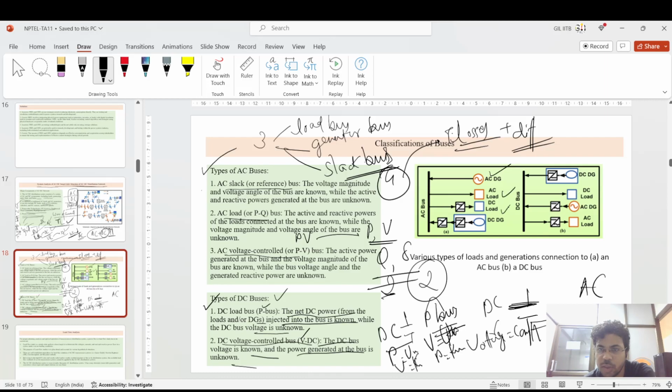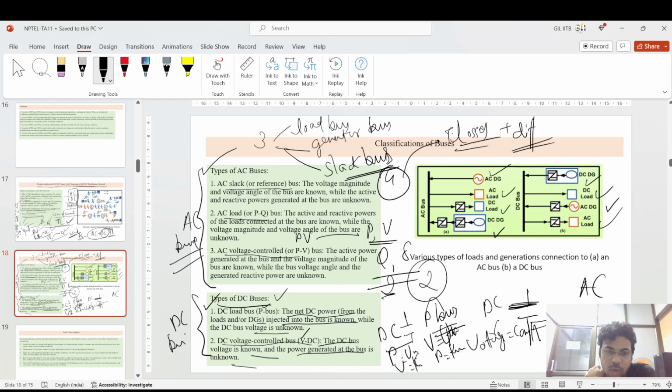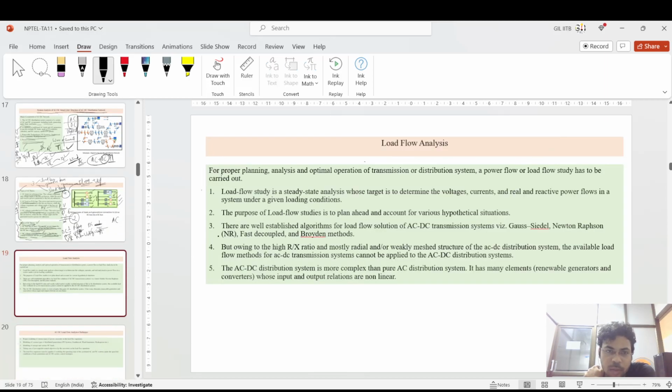If you see the image on the right side, you have an AC load, DC distributed generator systems such as PV, DC generators on the DC bus bar, DC load, and AC loads. So you have multiple types of buses. Initially we studied AC buses, that is the PV bus, PQ bus or slack bus. Now you are also considering the DC bus bar, that is the DC load bus, P bus or the VDC bus.